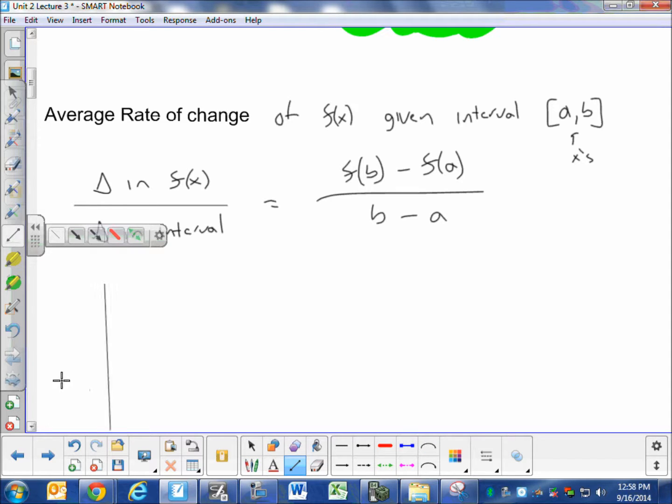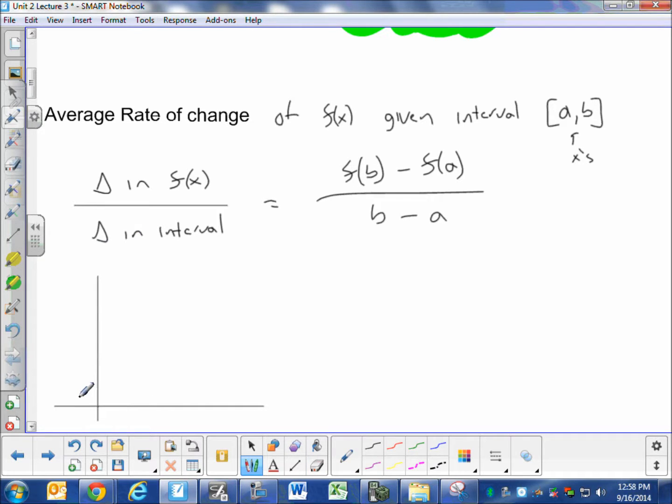So if I look at a function, some random function, maybe it looks like this. Gosh, I can't do that normally. That was impressive. And I'm looking at the average rate of change of this function between a and b.